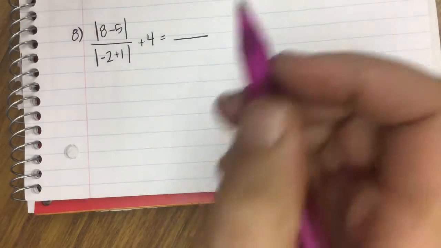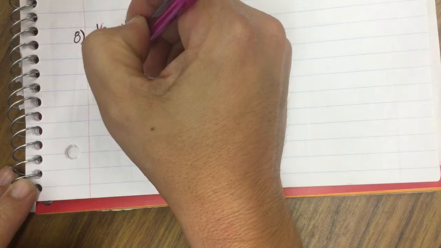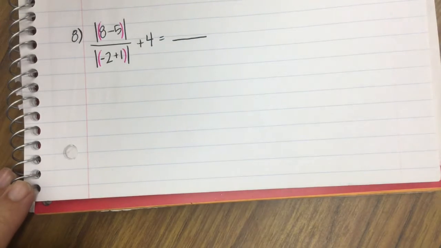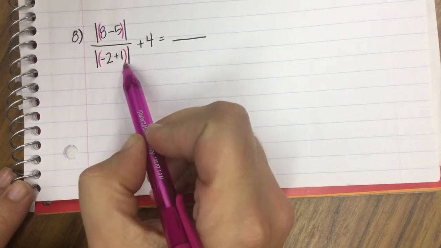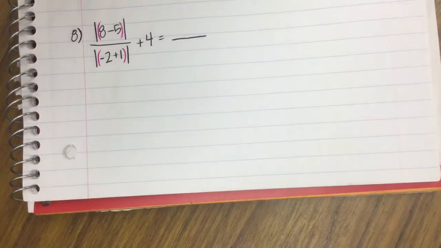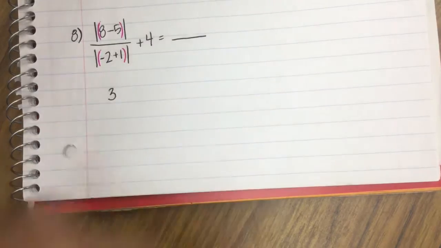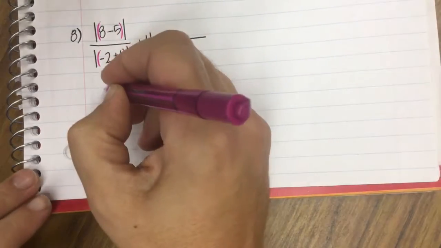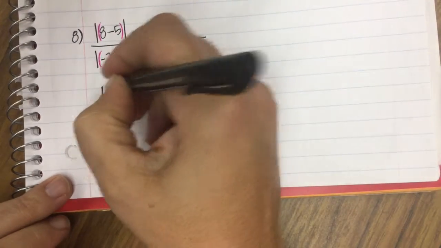So just as I have for the rest of these problems, I am going to put my invisible parentheses within those absolute value bars, or those road lines, and start to calculate each portion of these separately. Parentheses come first, so 8 minus 5 is 3. I'm going to keep that within parentheses and within the absolute value bars.